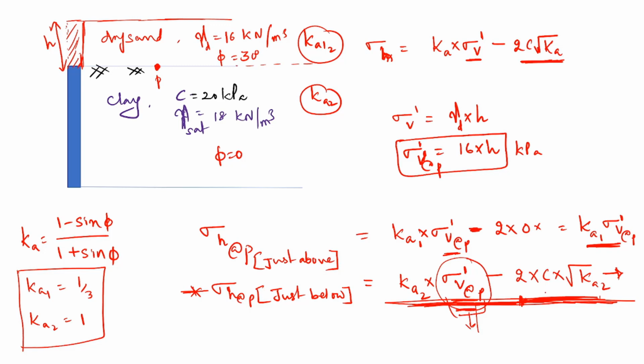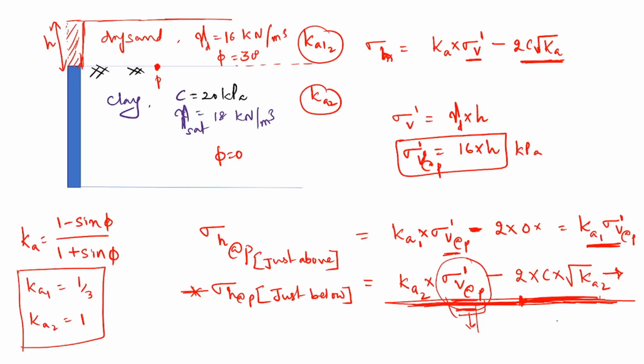That minimum possible should be greater than 0. That is our intention. So Ka2 sigma v dash at P minus 2c root Ka2 should be greater than 0. This minimum possible horizontal earth pressure should be greater than 0.